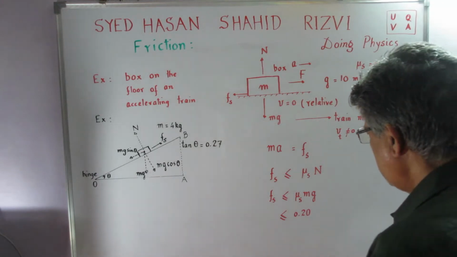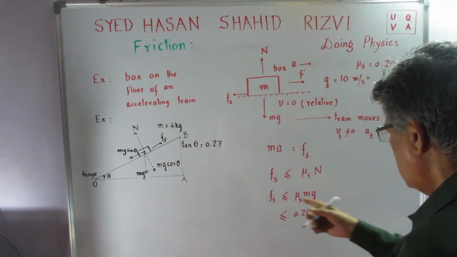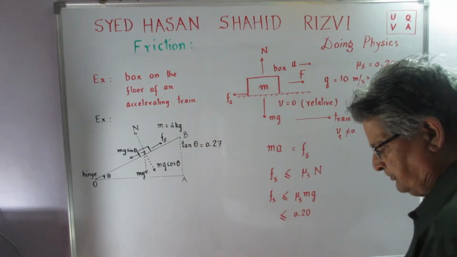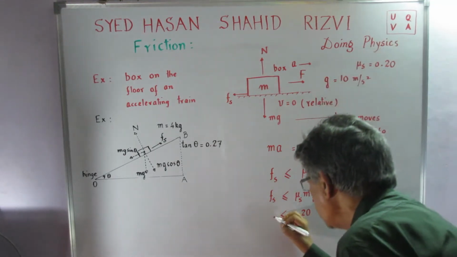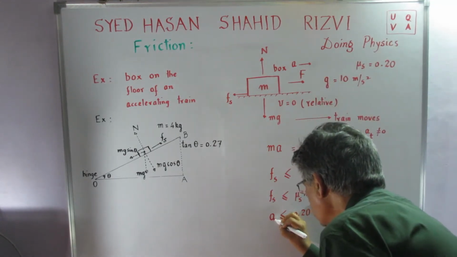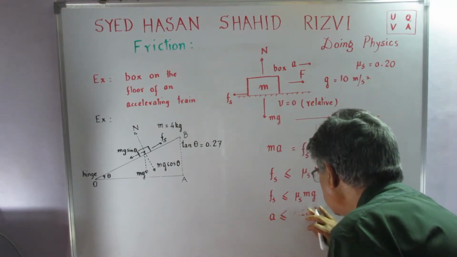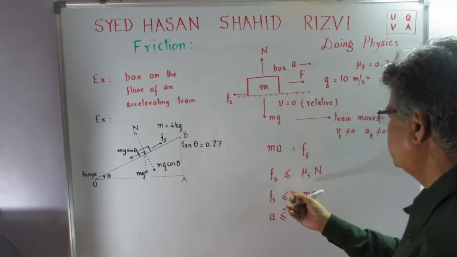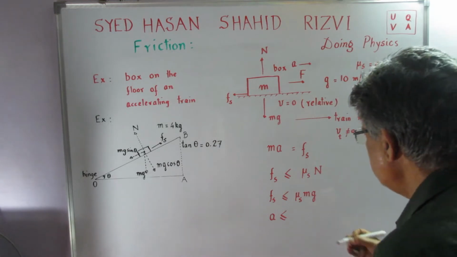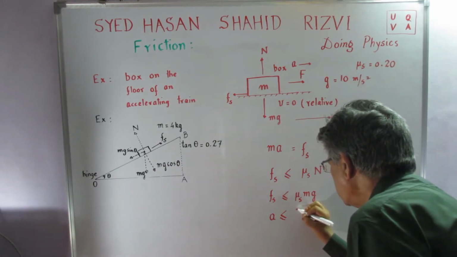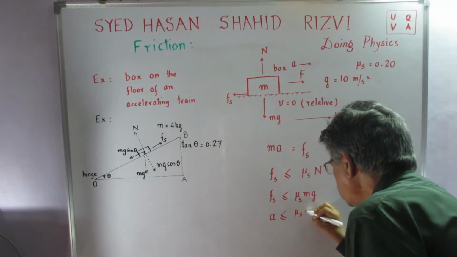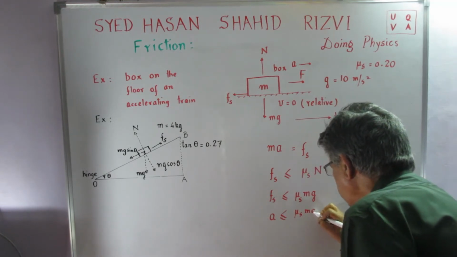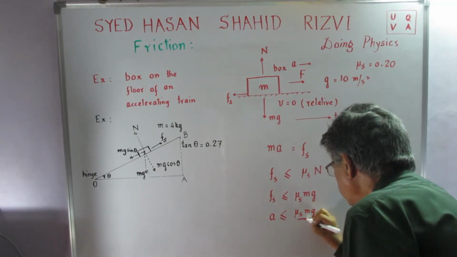Sorry, I have to write the acceleration. That means the acceleration is this divided by m, so it is mu s mg divided by m.